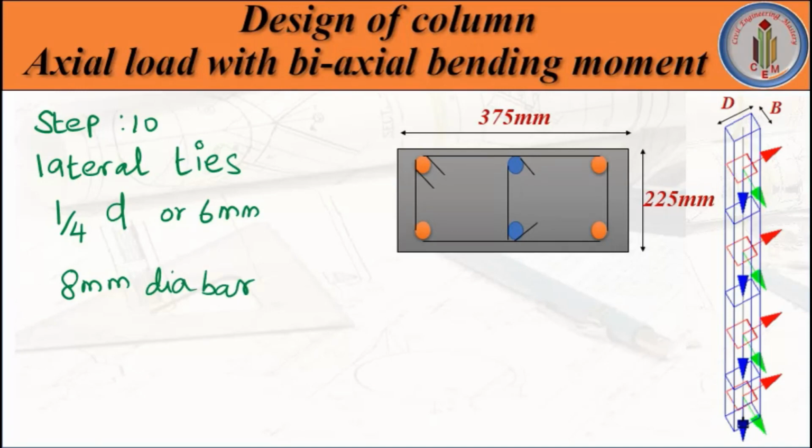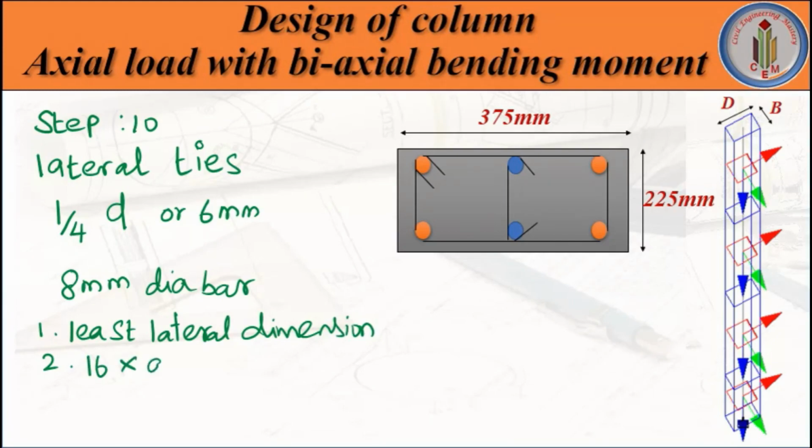And next, coming to the spacing, for that we have three conditions. First one is least lateral dimension. Second one is 16 times dia of smallest longitudinal bar.